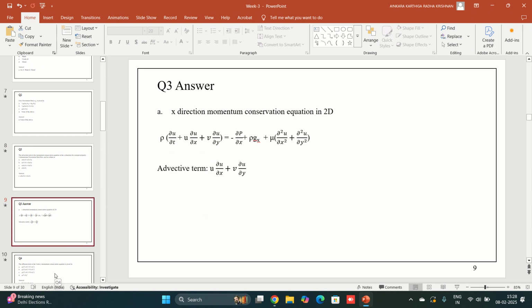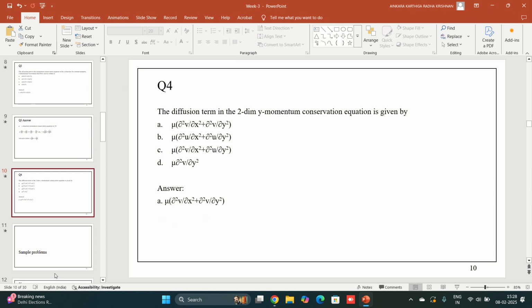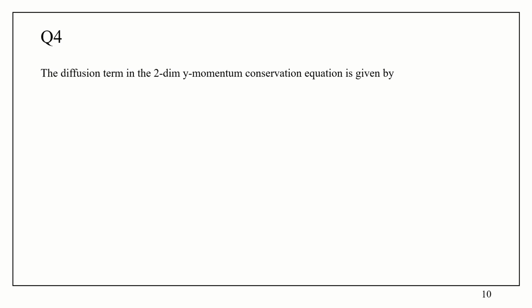So now going to question 4. The diffusion term in the 2-dimensional y momentum conservation equation is given by dash. So, option A, mu into dou square v by dou x square plus dou square v by dou y square.